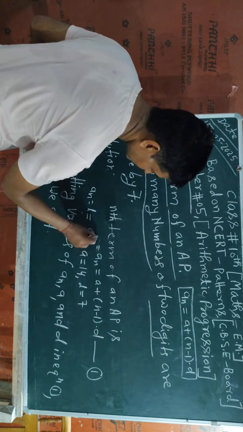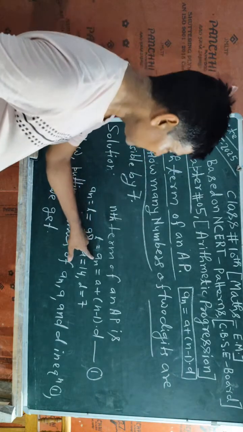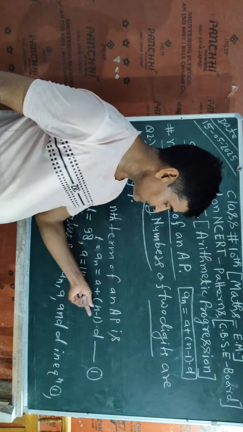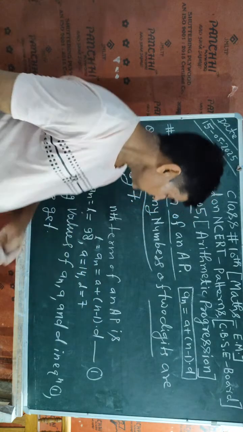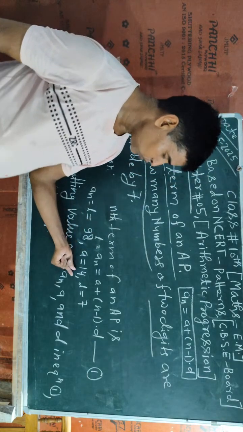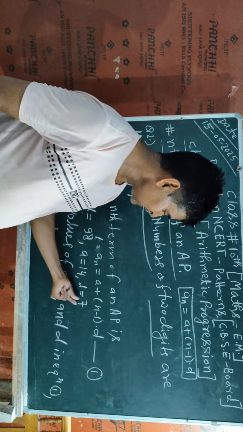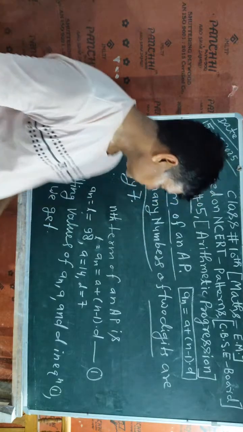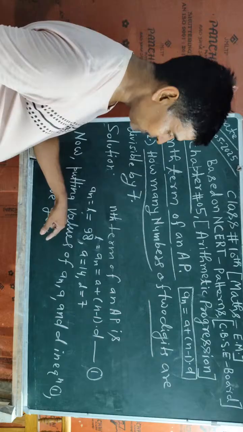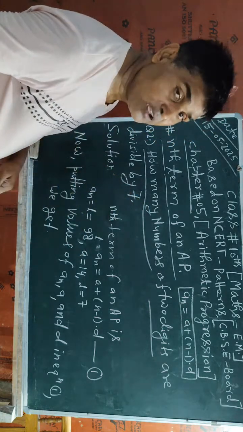The value of a_n is 98, the value of a is 14, that is the first term, and d is the common difference, and its value is here 7. So this value I will put in equation number 1. After putting I will simplify. After simplifying I will get the value of n, that is asked in the question.